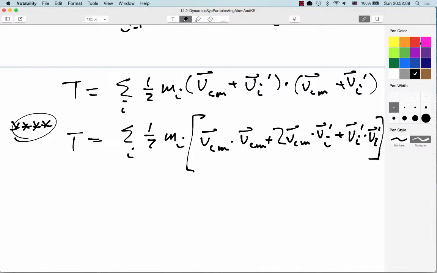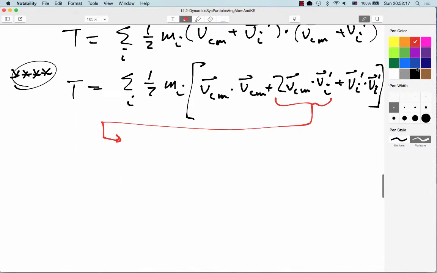And as always, it's the center term that's going to give us the heartburn. So let's follow it through. That term is going to be the sum over i of 1/2 mi times 2 VCM dotted with Vi prime.